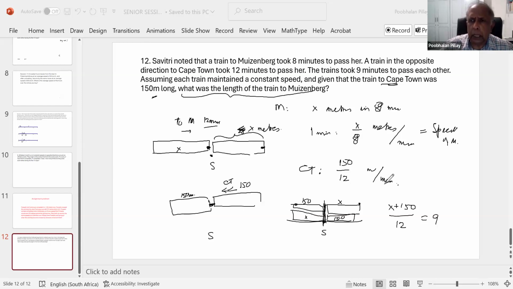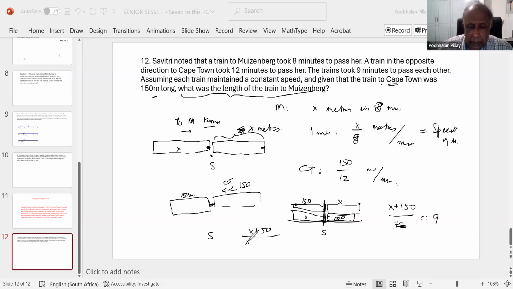So it took 9 minutes to pass each other. So in other words, the total distance covered was x plus 150, and that is a distance over speed, distance over the time that it takes.